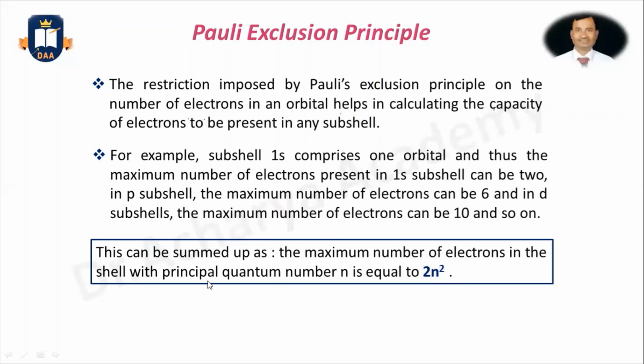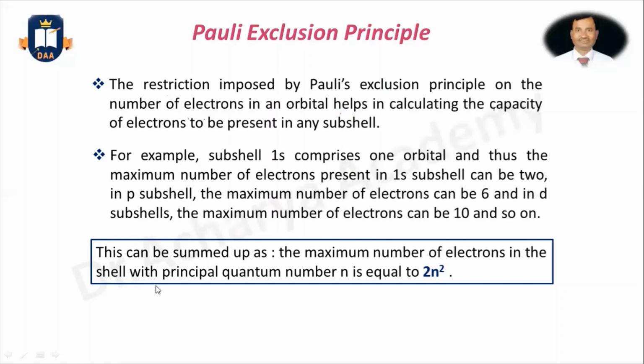And if you go for the principal quantum number 2, the maximum number of electrons present in that shell will be 2n square. That means 2 multiplied by 2 square, which is ultimately 8. How? Because for principal quantum number 2, the shell has the 2s orbital and 3 orbitals in 2p.